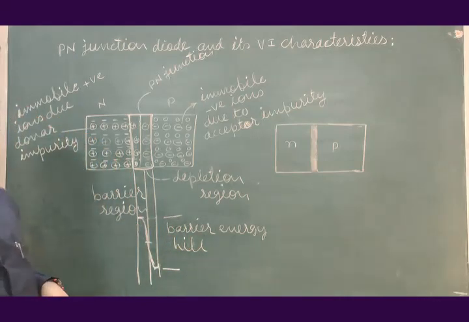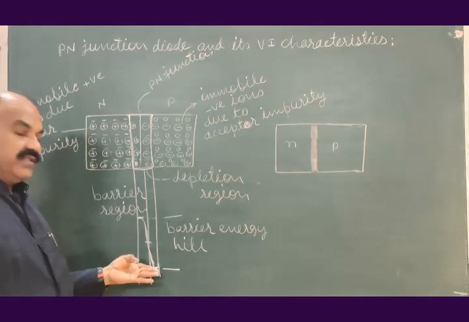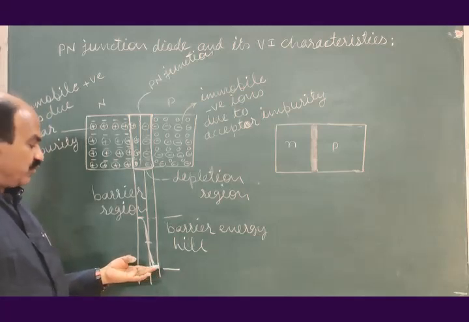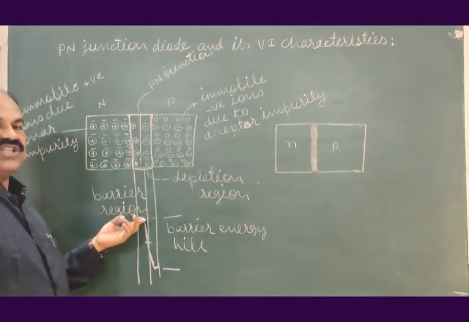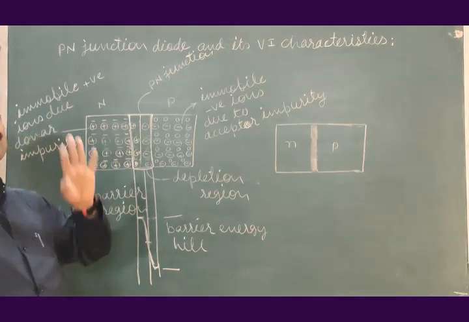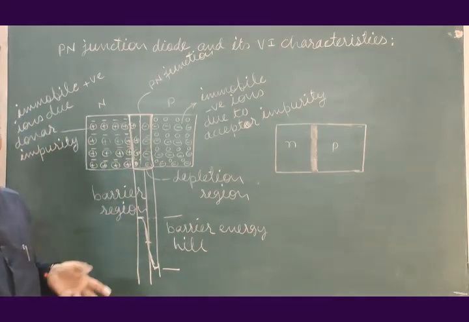The holes have to move from this energy to this energy, then only they can cross the junction and move to the other side.